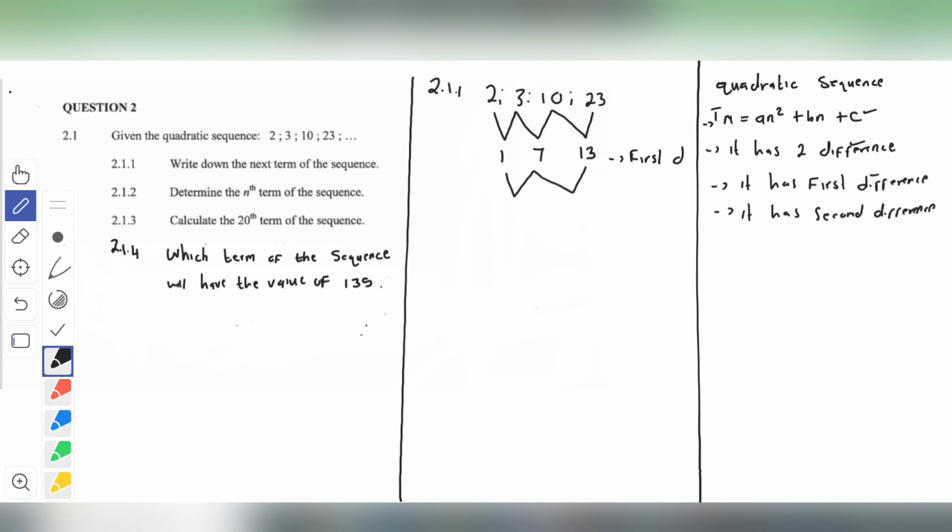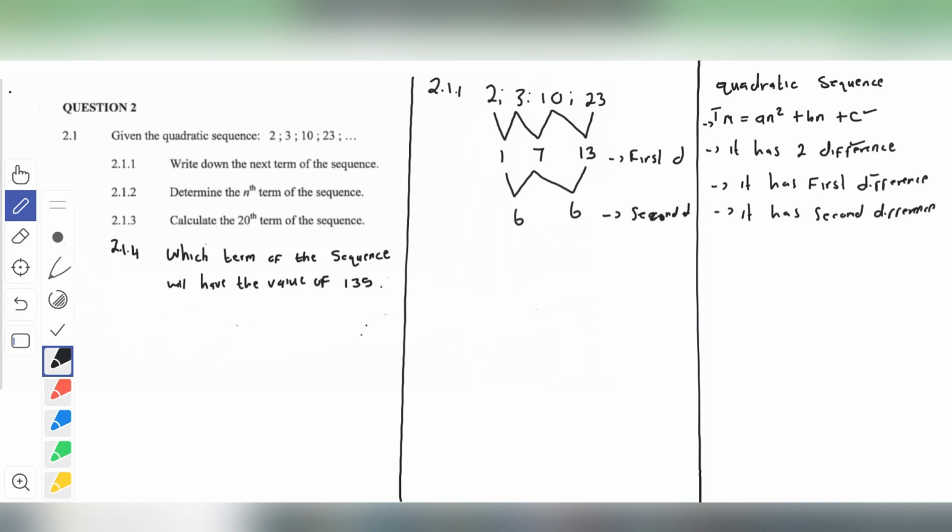Now for the second difference, 13 minus 7 gives us 6, and 7 minus 1 gives us 6. This is the second difference, right?